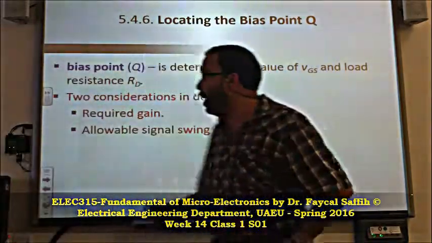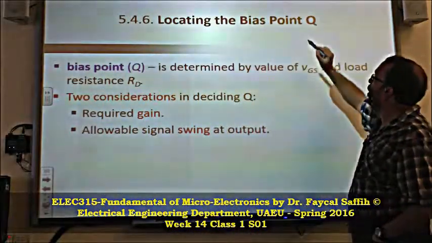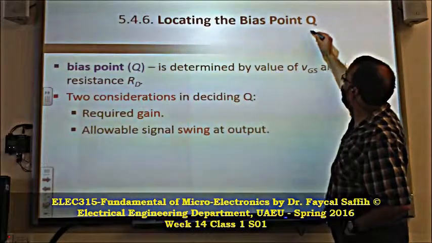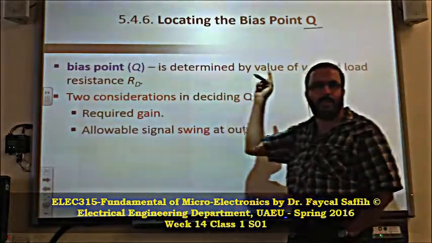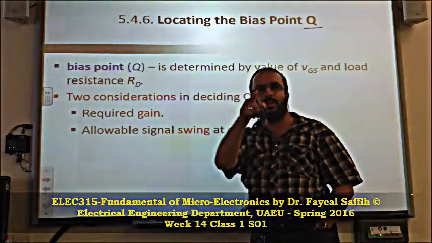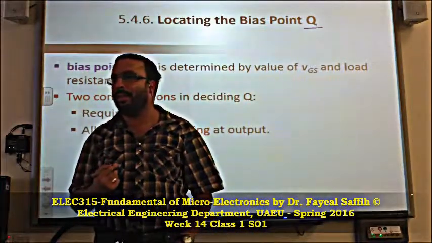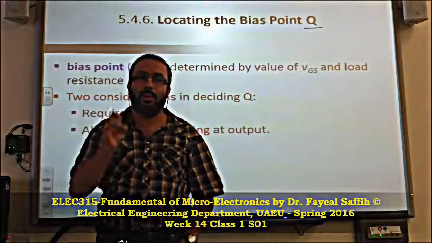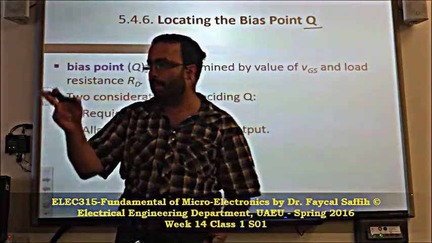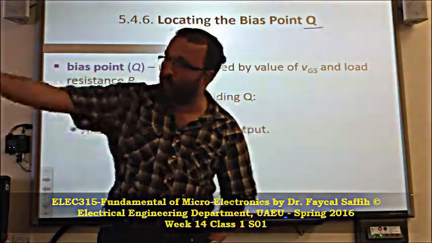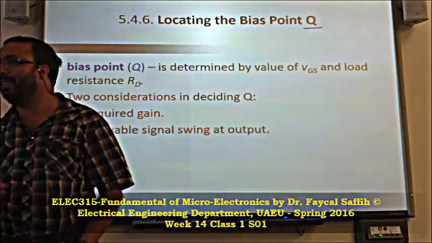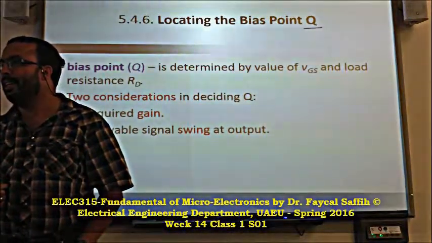Today we start the biasing by asking the question: where should we locate the point Q? What's point Q? It's the bias point, the operation point. What does operation point mean?